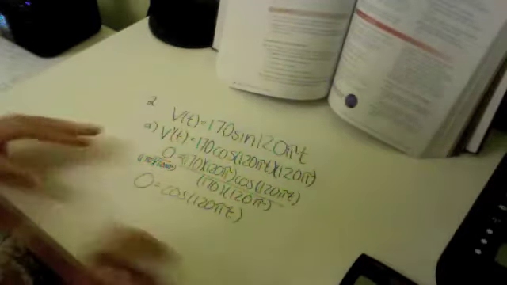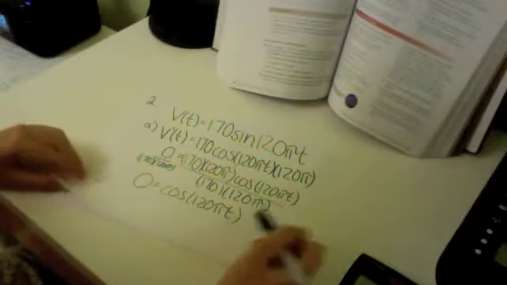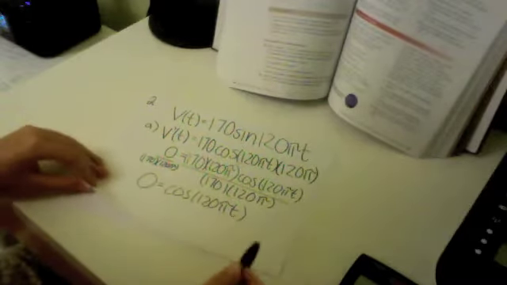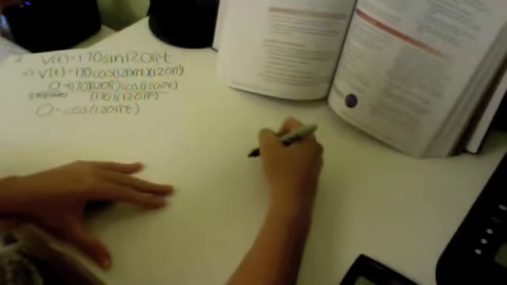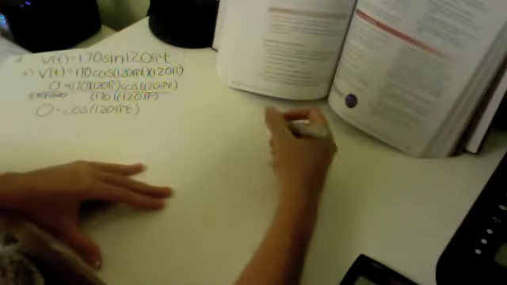So now that we have this equation, we can use it to find when the max and min occur. I like to draw a graph of cos.